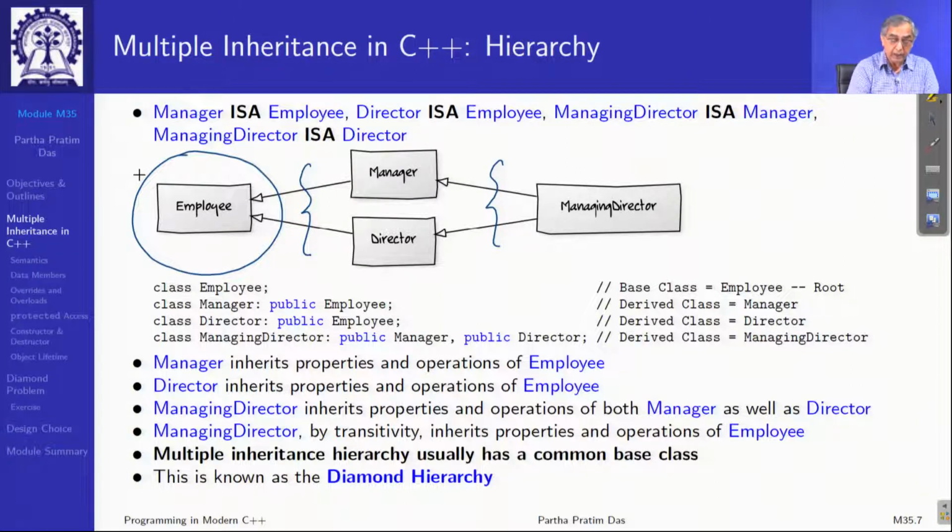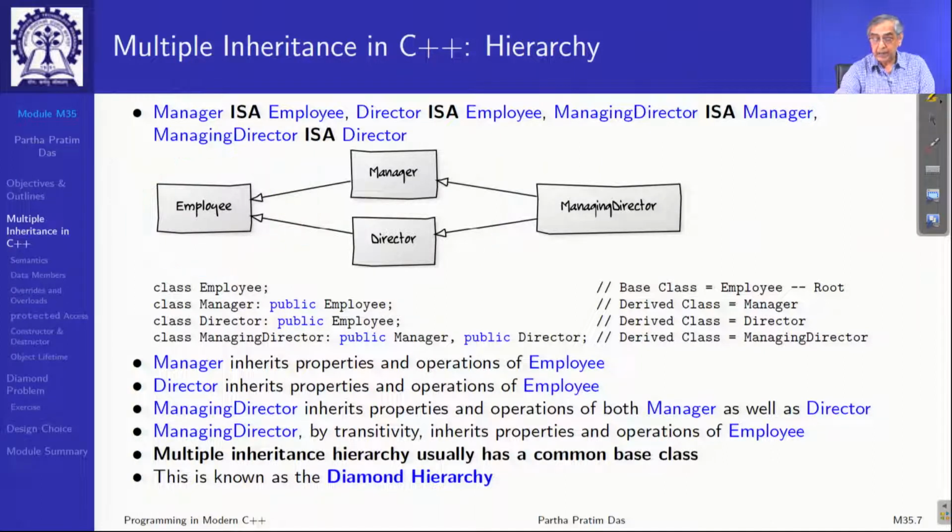But at this point I have a multiple inheritance. So, what I get is actually what is known as a diamond hierarchy. So, we get this kind of a diamond structure. So, we say this is a diamond hierarchy, where I am multiply inheriting from 2 or more base classes, which in turn have a common base class they inherit from.